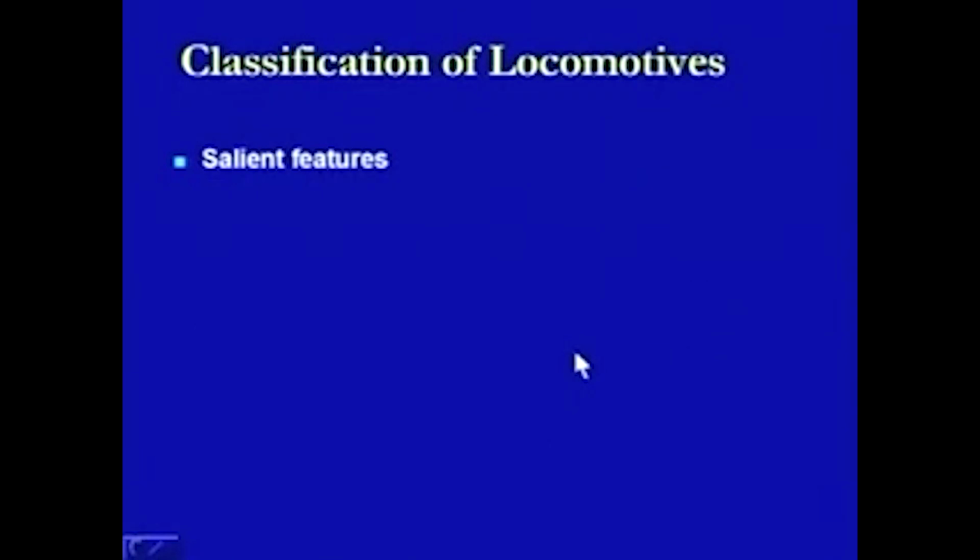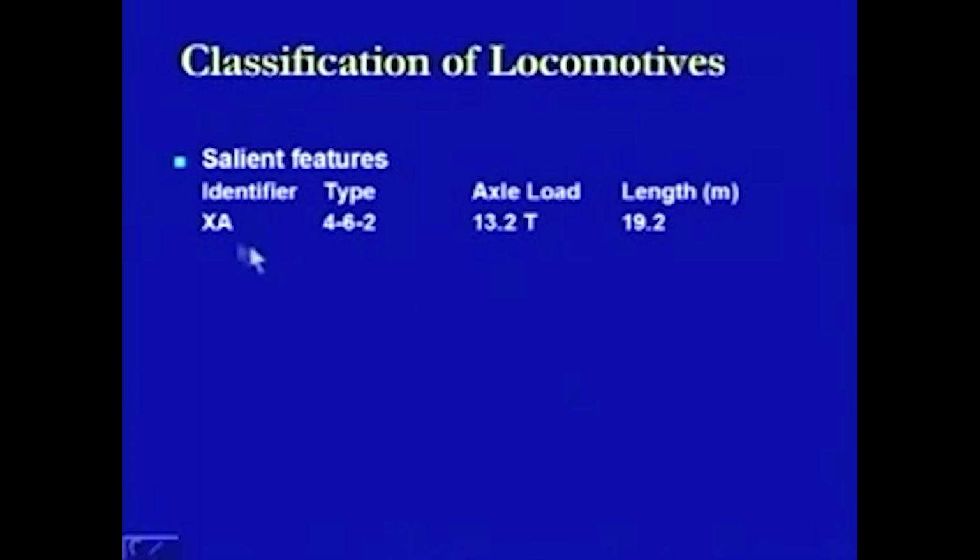We are going to look at some salient features of some types of locomotives, where the axle or the wheel conditions have been defined for the trailing, the front or the driving wheels. The axle loads are being defined and the length of the locomotive is also defined. If we take this XA, how is this XA going to be defined?